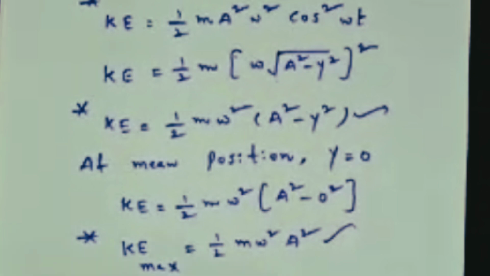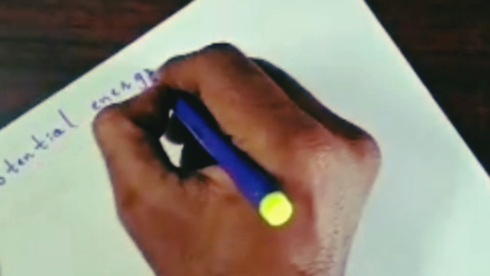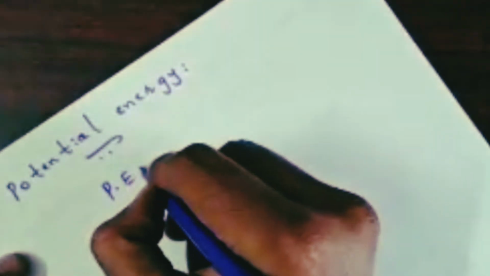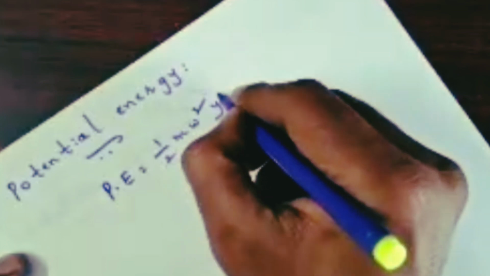Next, potential energy. The potential energy of the simple harmonic oscillator, PE, is equal to half m omega square y square.